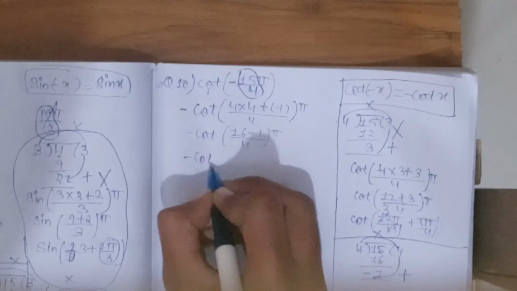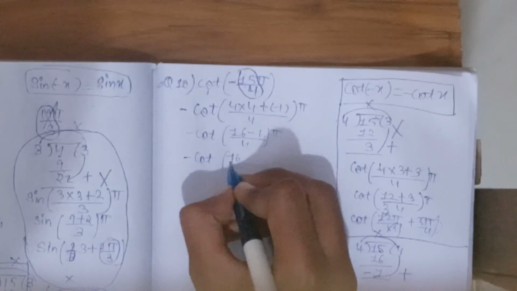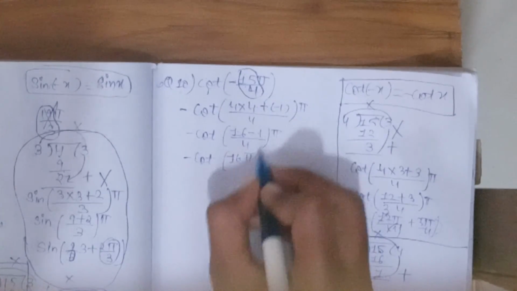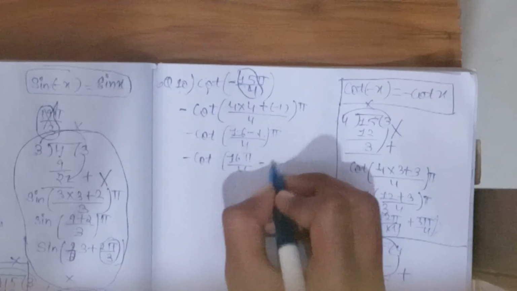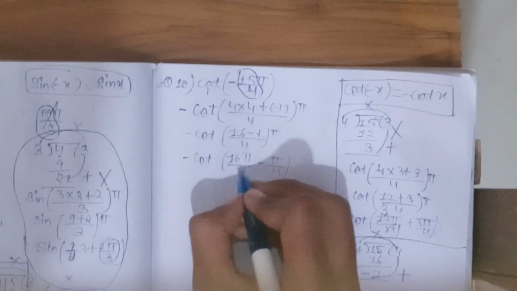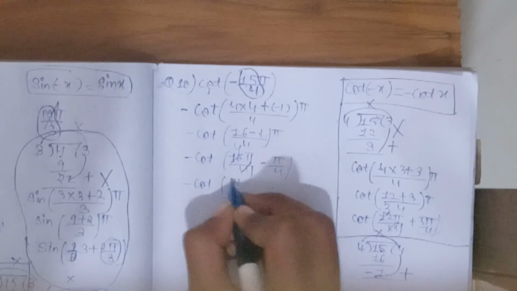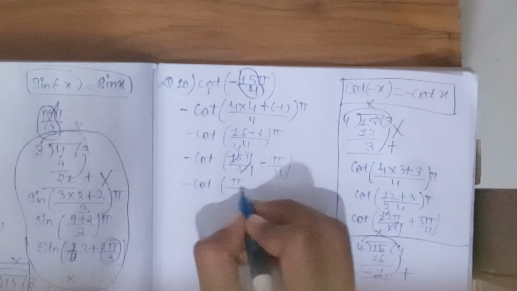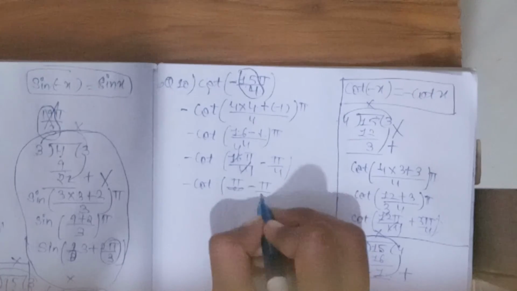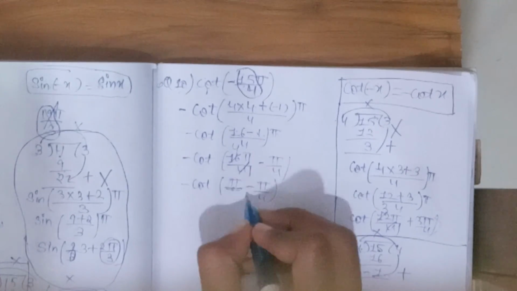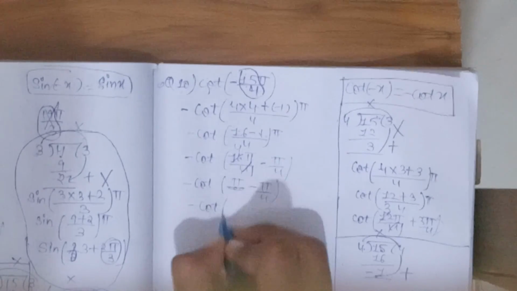First what you have to do is multiply this pi with both the values 16 and 1 also. So 1 into pi by 4. So 4 4s are 16 pi minus pi by 4. So when you get like this, don't remember this 16 pi, just remember minus pi by 4.